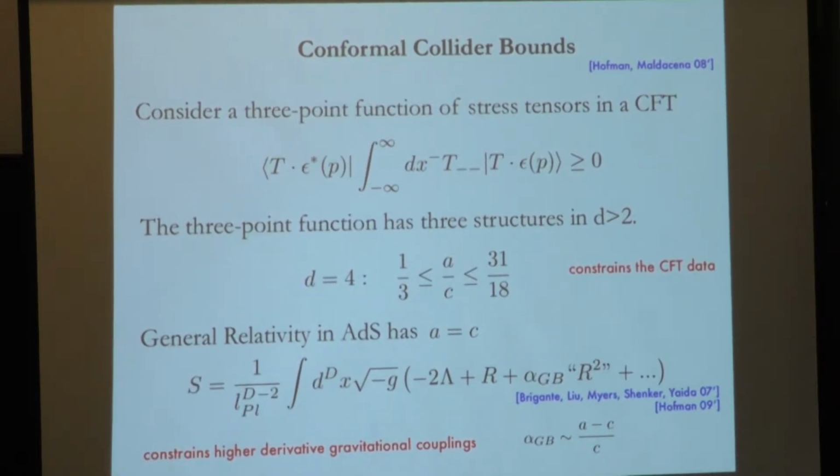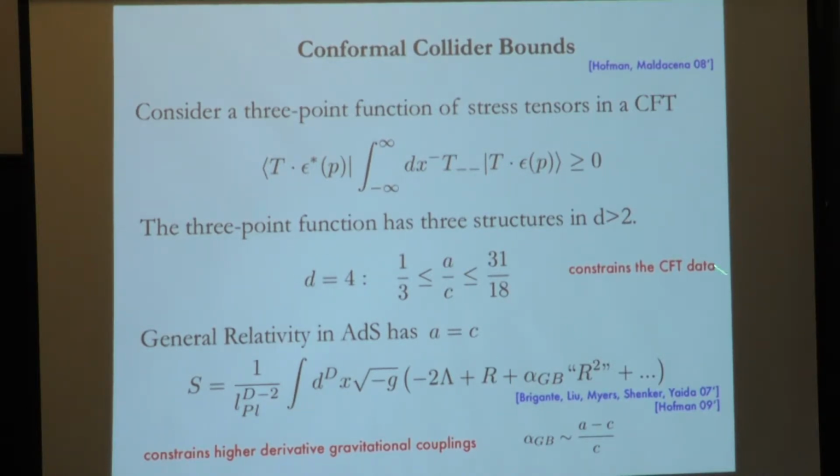And the claim is that you can derive this bound on them, and there is no other way to derive this bound. So it's a bound on the 3-point couplings of the stress tensor. It's slightly imprecise. Usually people like it written in this form, so I wrote it that way, but the actual bound is just a statement that the 3-point function of stress tensors has certain positivity properties, which are otherwise hard to prove.